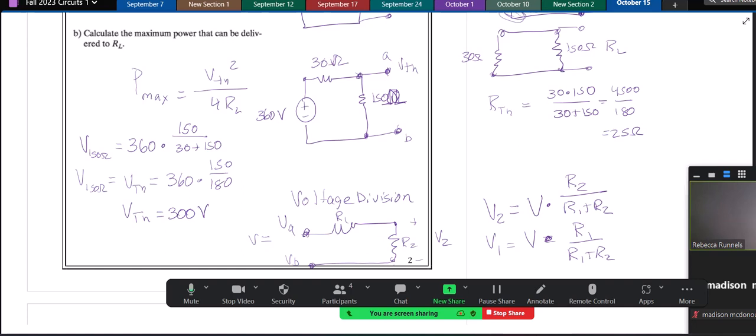So now I have the Thevenin voltage, and I want the maximum power. To have max power, RL needs to equal R Thevenin, and we found out that R Thevenin was 25 ohms. So we'll use 25 ohms.